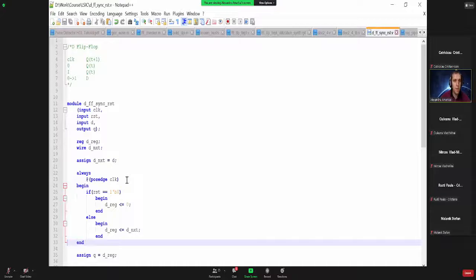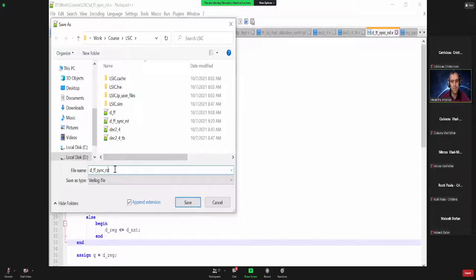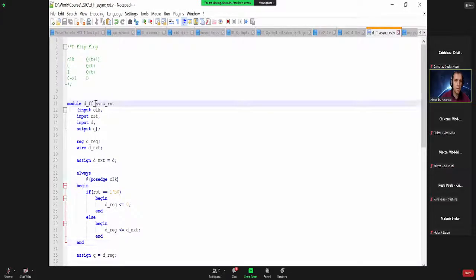Okay, so this is for the synchronous reset. For the async reset, because reset is active on 0 here, you have the negedge.